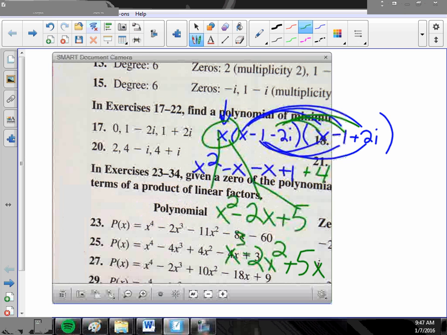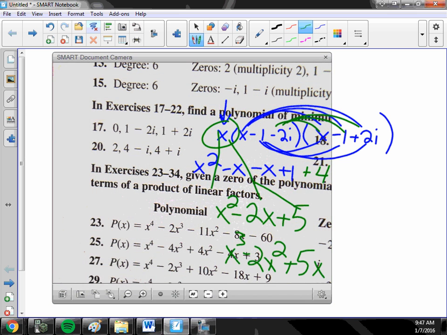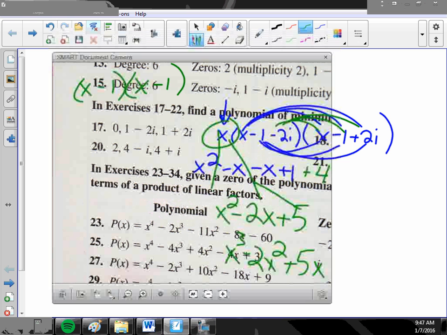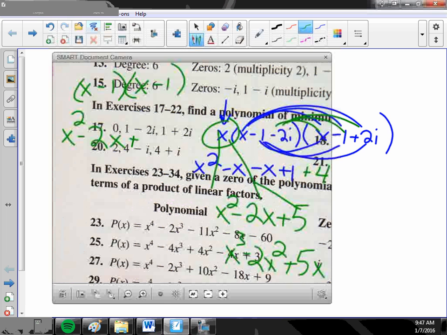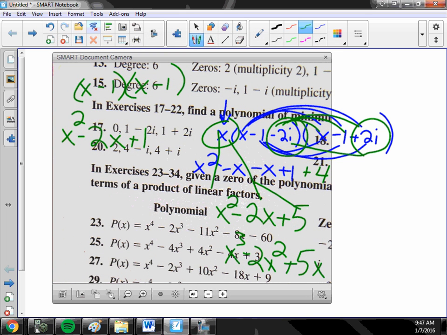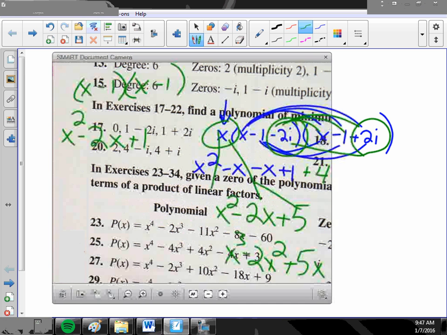So essentially, you could do this in your head if you think a little bit about it. What we really did was x minus 1 times x minus 1, which you guys can do in your head, right? x squared minus 2x plus 1. And we also have to bring in that term. That's essentially all you need to do for complex conjugates: do the square of the original binomial and then bring in the i squared term.